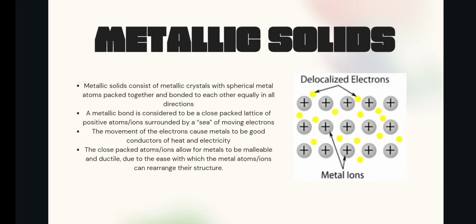The movement of the electrons causes metals to be good conductors of heat and electricity. The close packed atoms/ions allow for metals to be malleable and ductile due to the ease with which the metal atoms/ions can be rearranged in structure. The image to the right shows a metallic solid with a sea of valence electrons.